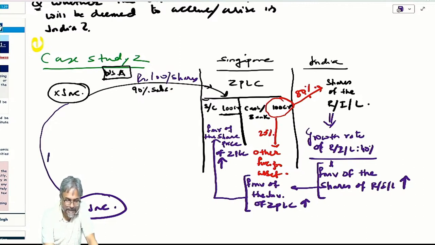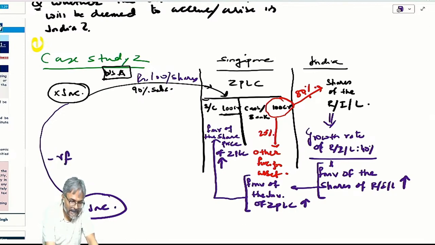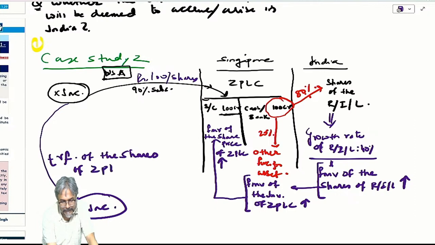Now, can you see this? What is happening over here? The transfer of what? In this case, you only tell. Indeed, the transfer of the shares of ZPLC at rupees 250 per share.